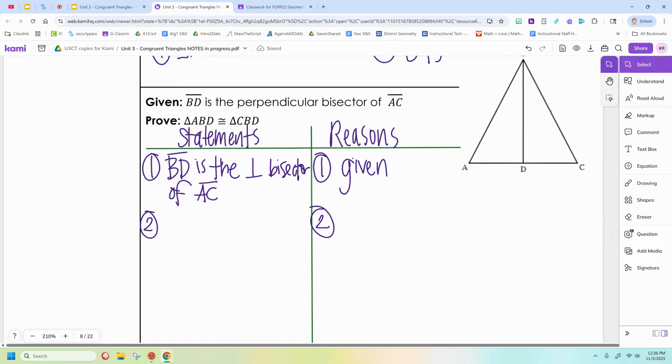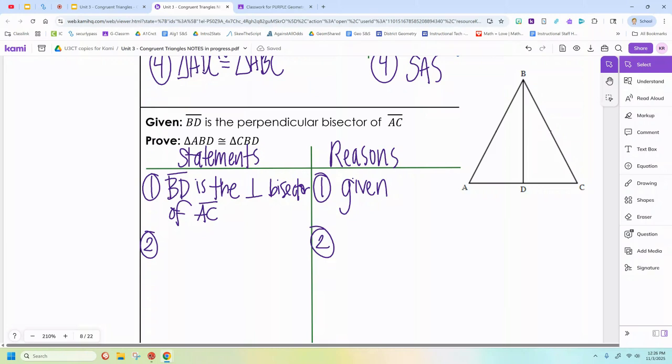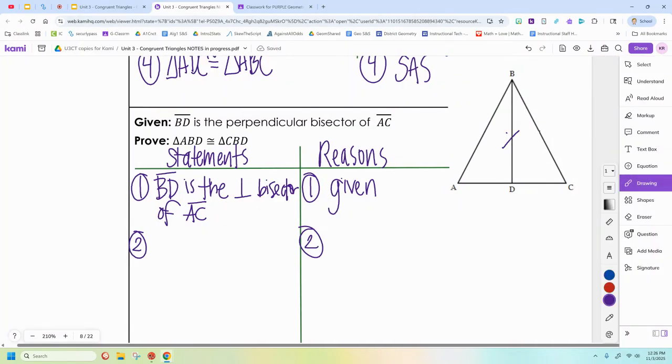Sometimes it's good to do the reflexive right away so you don't forget to do it. Does everybody see our reflexive side, our two triangles? So I'm going to put an X there and get that in my proof right now. Okay, so what would I write on the left-hand side under statements? Jason, can you tell me? What did I just put an X on? BD.